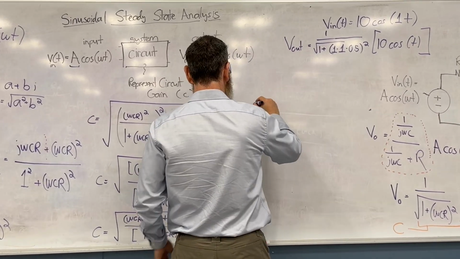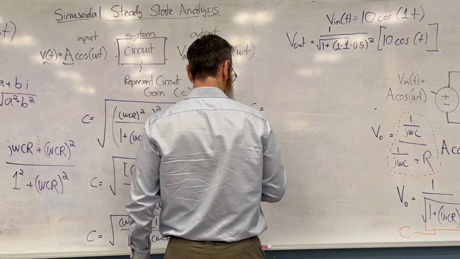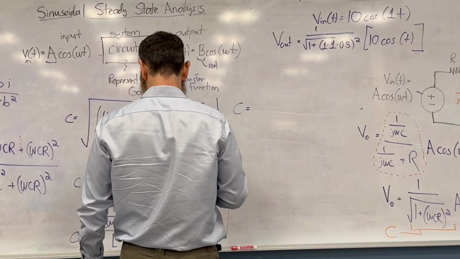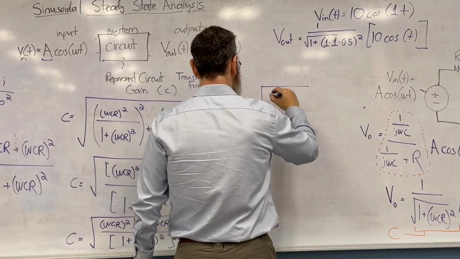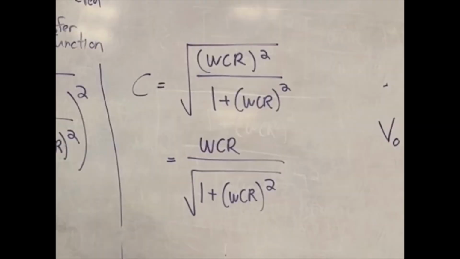And we will be able to write that C is equal to the square root of WCR squared over 1 plus WCR squared.